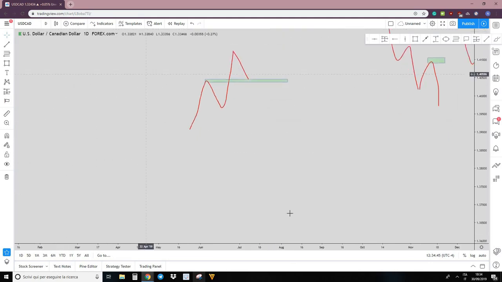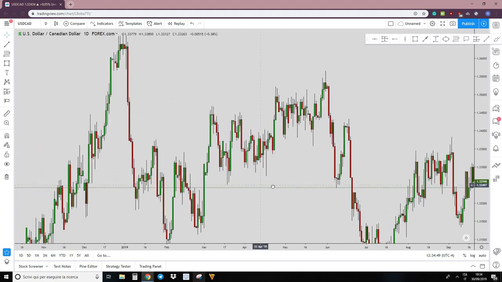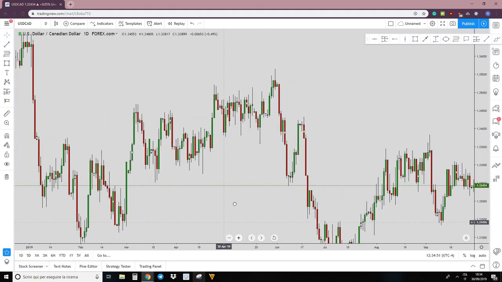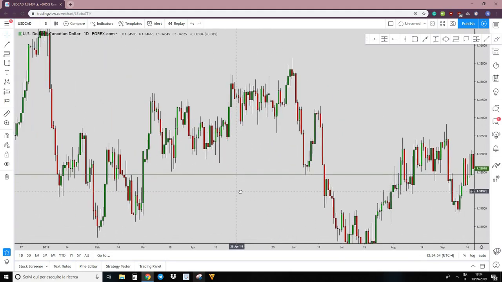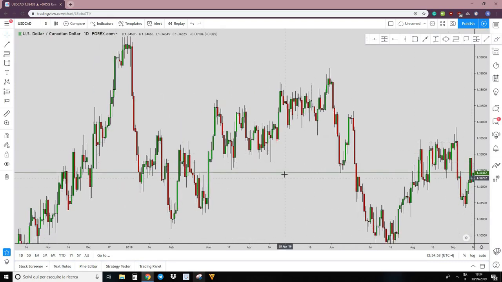So let's move and just look at price and see how many times we see a clear impulse in the price. You can immediately see clear impulses: you have it here, nice impulse to the downside, retracement. You have it here, nice impulse to the upside, retracement.